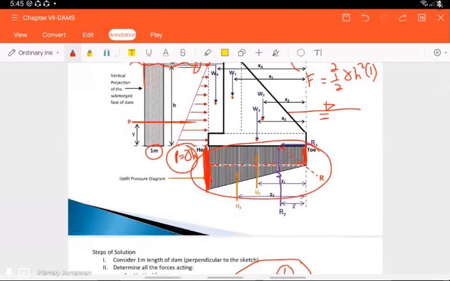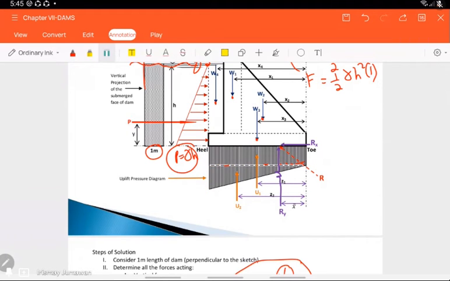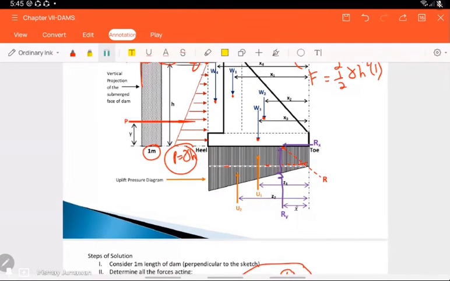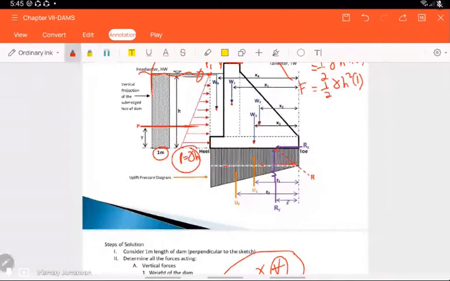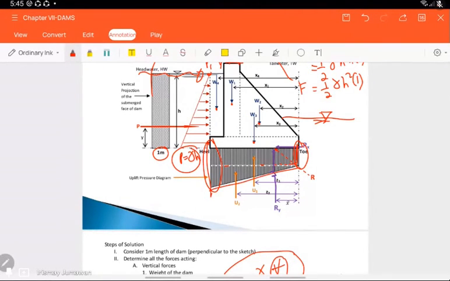Again, if there is tailwater, the uplift pressure is like this because you have seepage at the downstream side. So the distribution of your seepage is trapezoidal.